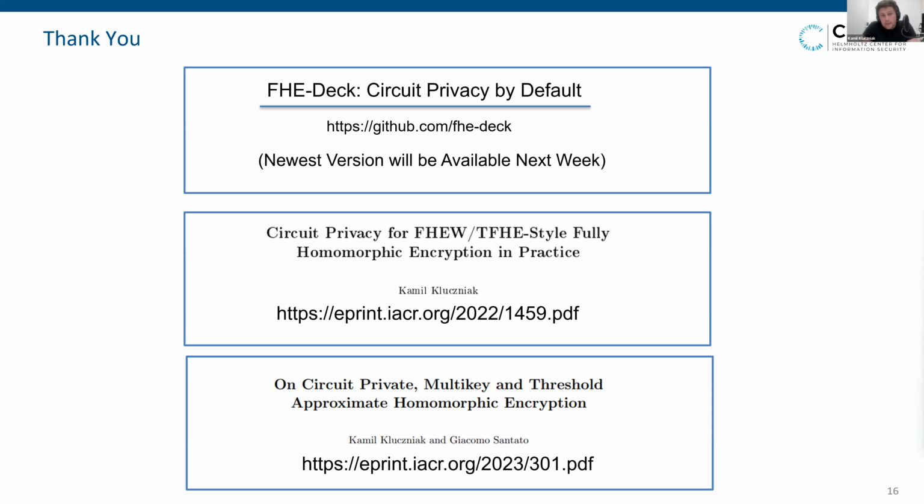Given that the computation they do is not too deep, because the flooding noise also depends on how deep you compute, there you could actually use flooding.